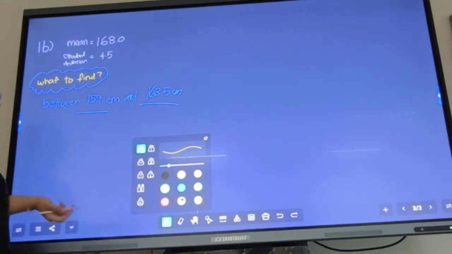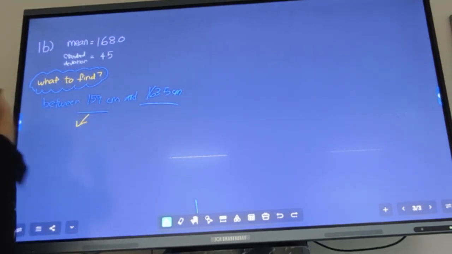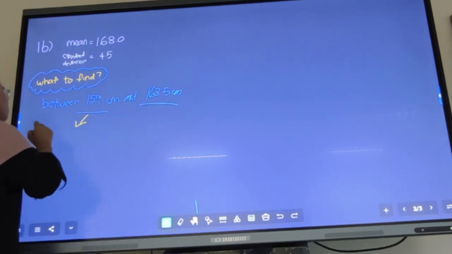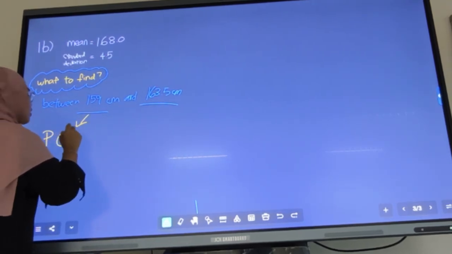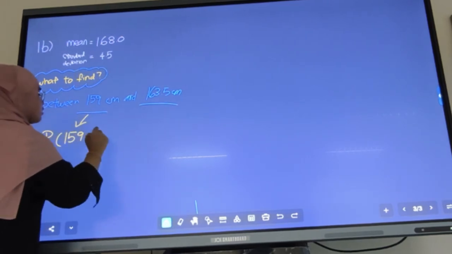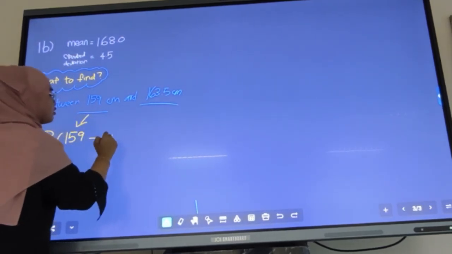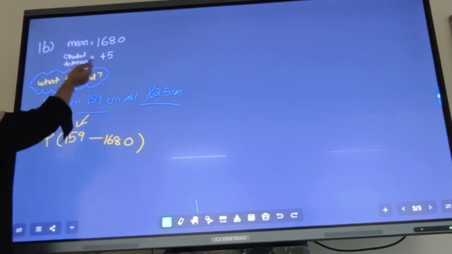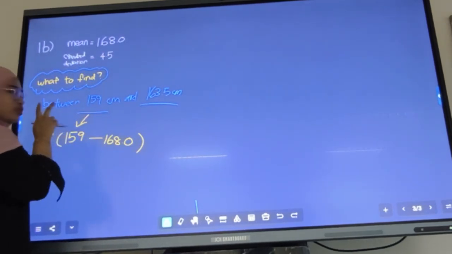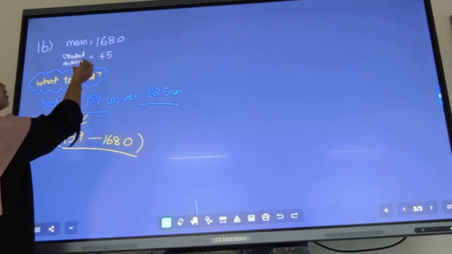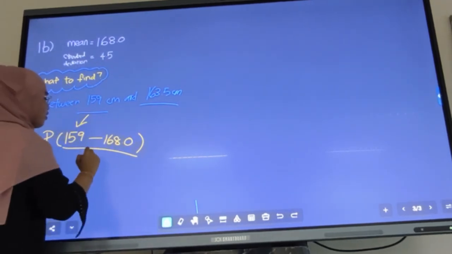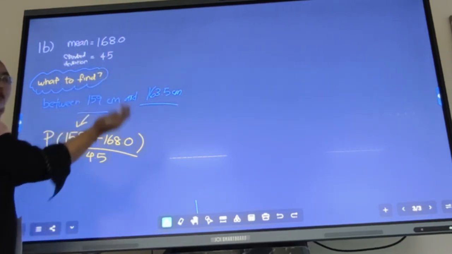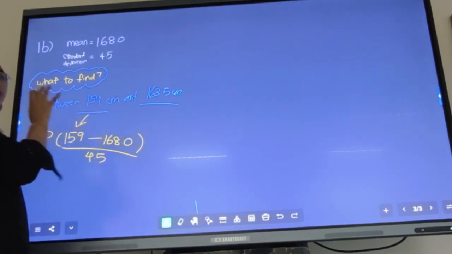The first one is 159 cm, using the formula given: P bracket 159 minus the mean given, that is 168.0, close the bracket, and both of these numbers we need to divide by the standard deviation given, that is 4.5.